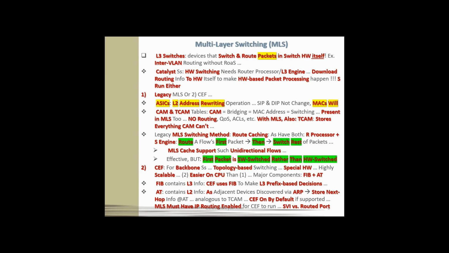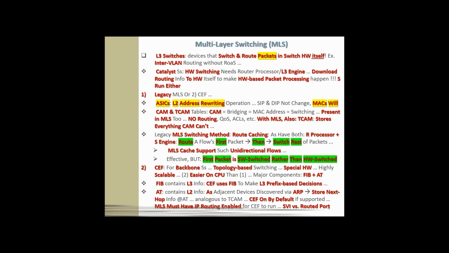And source IP and destination IP will not change as a packet goes across the network. So again, our layer 3 addresses do not change. Our layer 2 addresses do change. And this is how it happens.